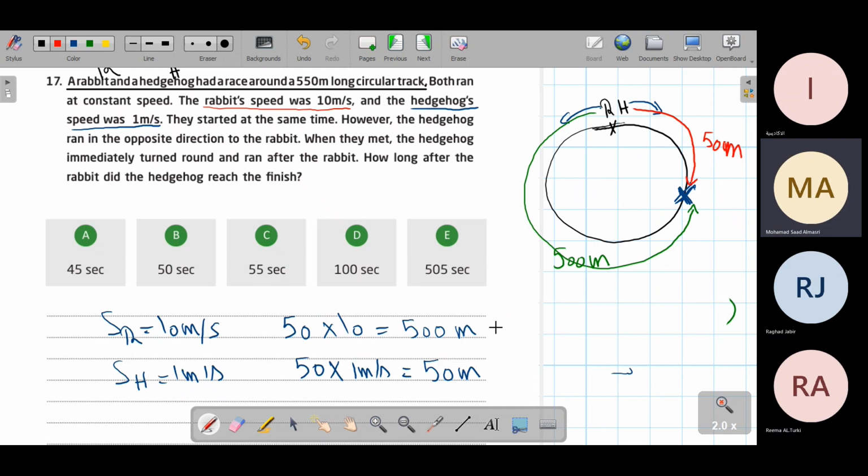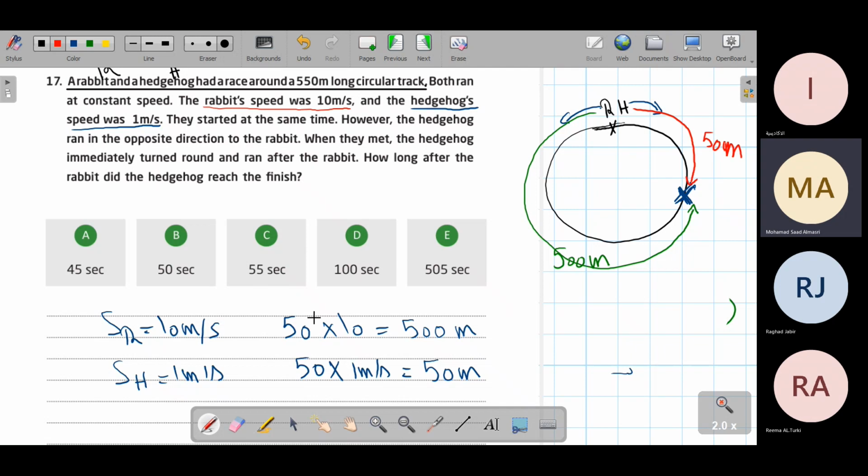But here I tried, for example, yesterday I tried 40 seconds. I figured out that I have 440 meters. The 440, they will not meet. Why? Because the circle track has a length of 550 meters, not 440.